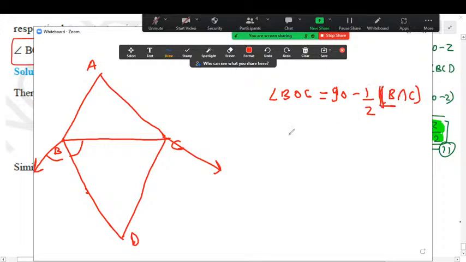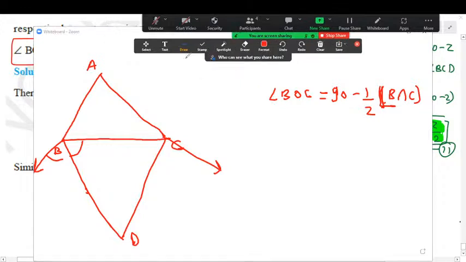This was our approach. Now what have we done actually? We have just added first and second, and we have obtained something very interesting.